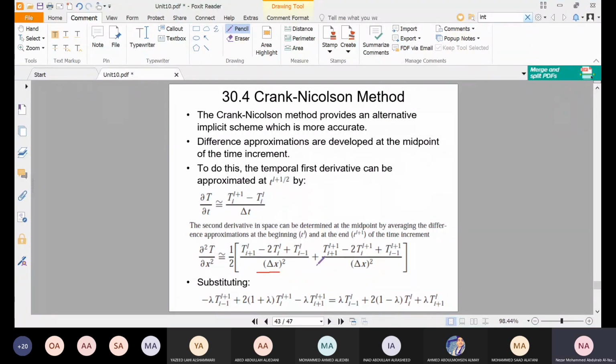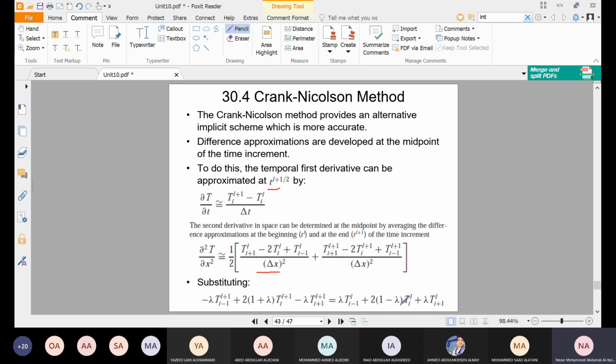So as a result, we have this second derivative and this first derivative. That means we compute at time L plus half. We take a half step. So if we substitute them in this format into the equation that we have for the parabolic equation, we can finalize with these equations.